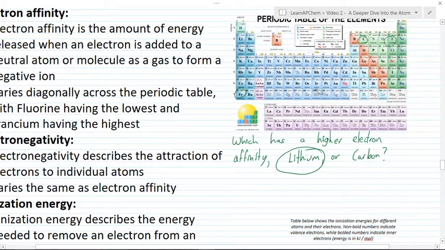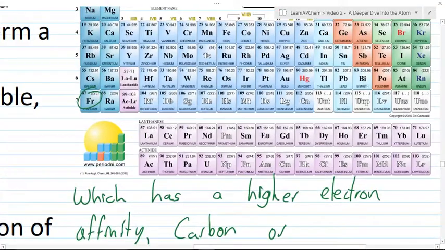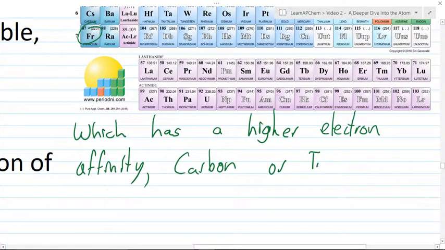However, that one normally doesn't trip people up if you know the trend. Now let's say we had carbon or tin, Sn.